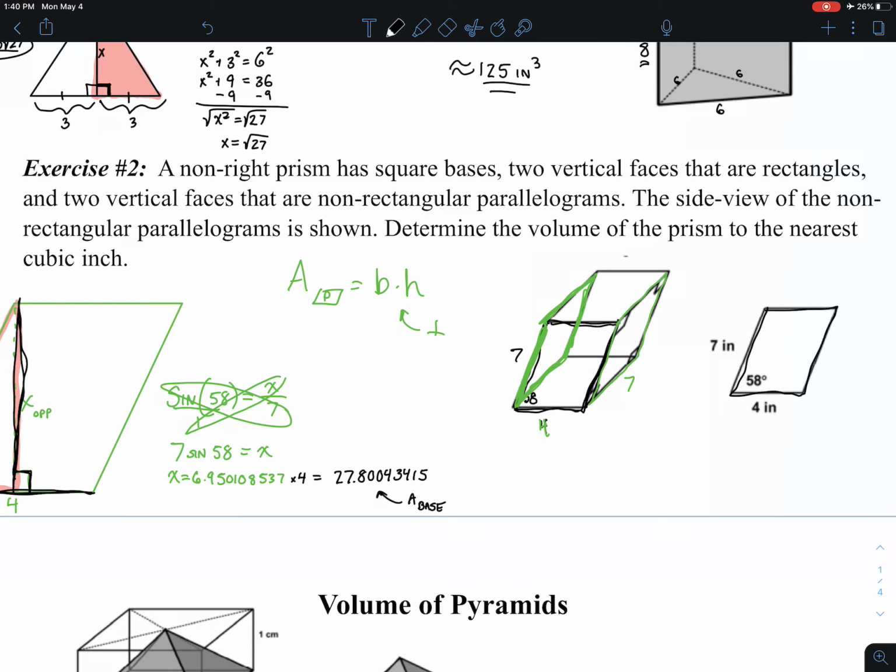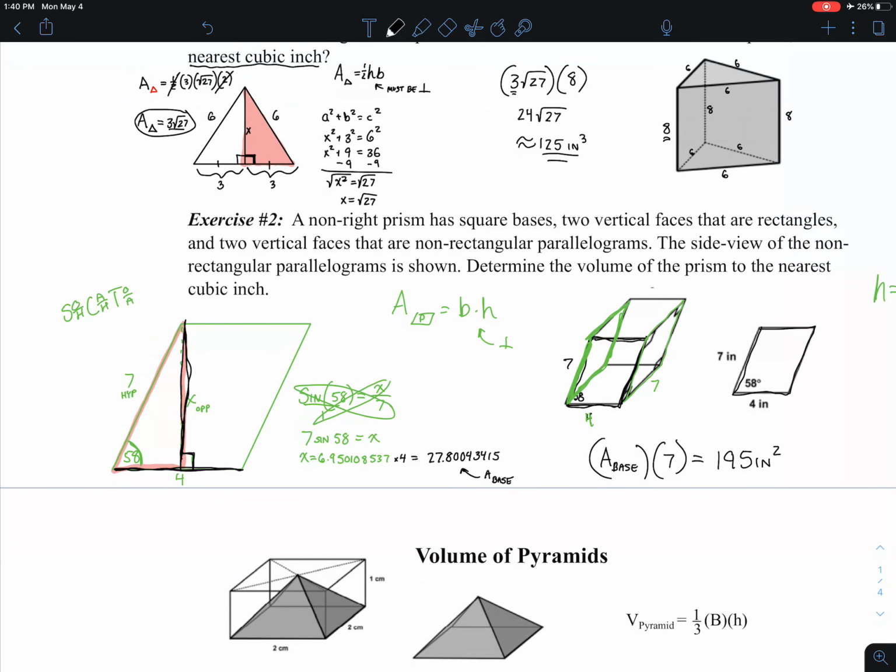So we did the area of the base times 7, and we ended up with about 195 inches squared. All right? And that'll be the volume for that prism.